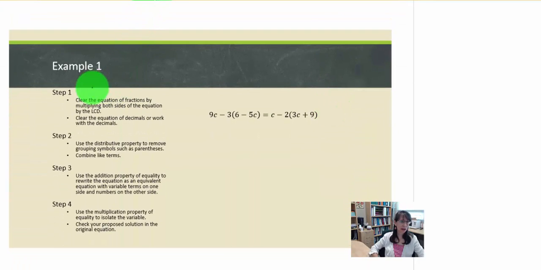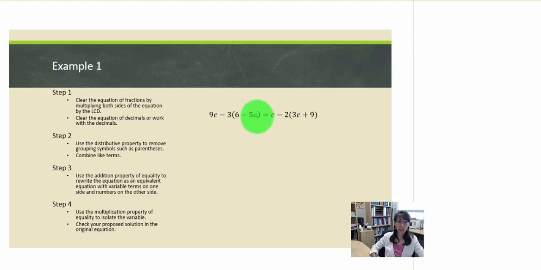So to the left, I have all the steps written out again just to remind us of what order we should be proceeding in. So here's our first example. Just scanning, I don't see any decimals. I don't see any fractions, but I do see grouping symbols. 6 minus 5c is inside. 6 is a constant term, which means it is always the value of 6.